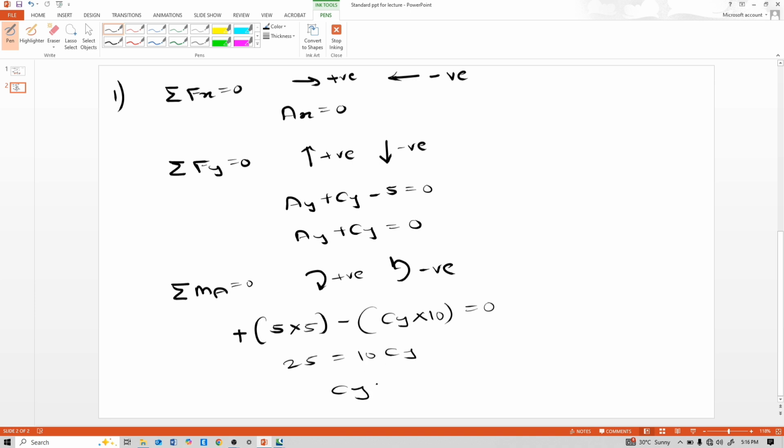So CY is equal to 2.5 kilonewton. AX is equal to 0.